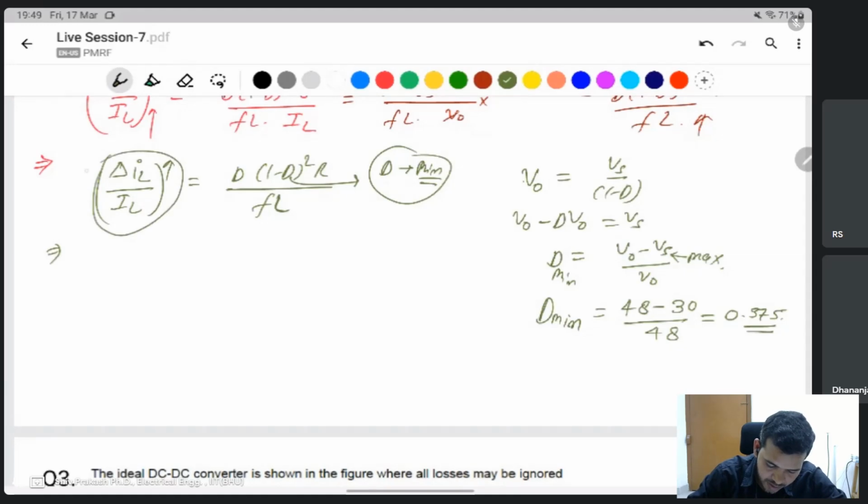This function is given 0.1. This one is 10% of IL, it means 0.1.